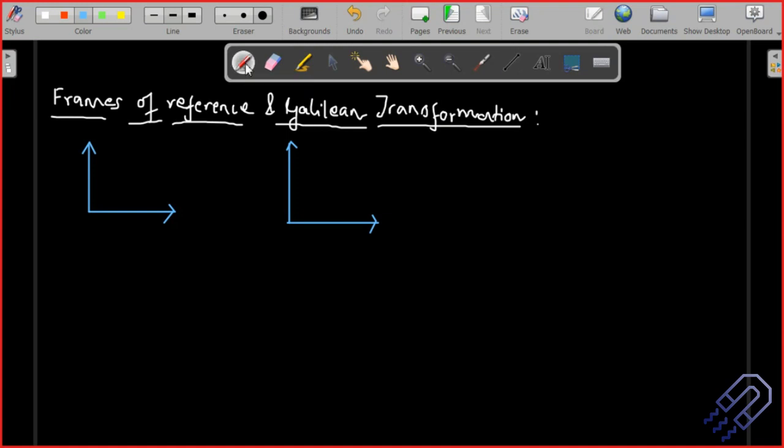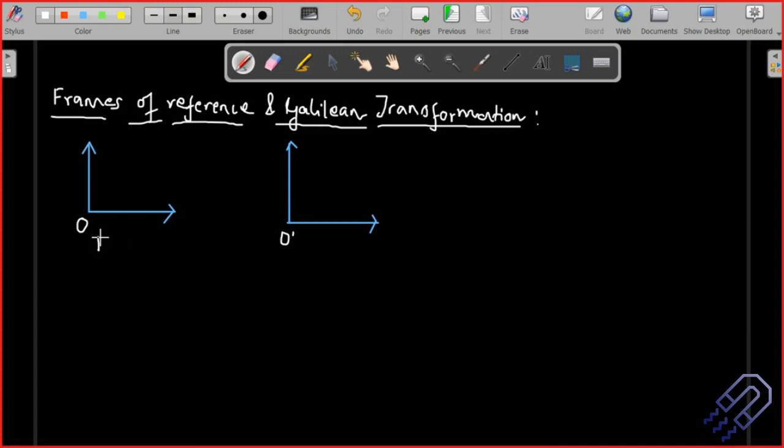I would just like to tell you the notations. Different books might be using different notations, but most of the time it is the primed frame and the unprimed frame. Two reference frames you are comparing. Okay, so one origin would be O, and the other origin would be O prime. And these are two frames of reference, and they are given a particular name.